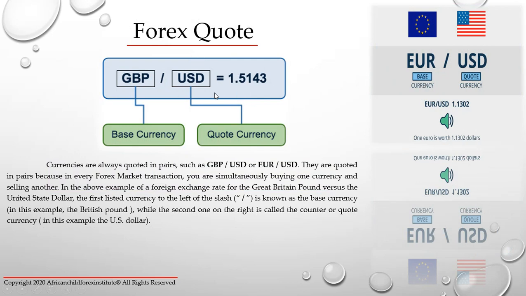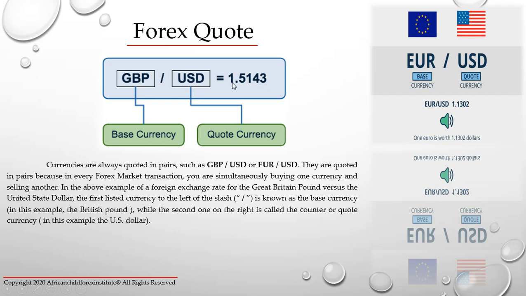We're saying that one pound will give you about 1.5143 dollars, meaning the pound is stronger than the dollar.